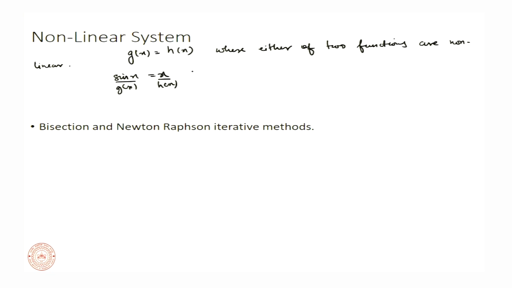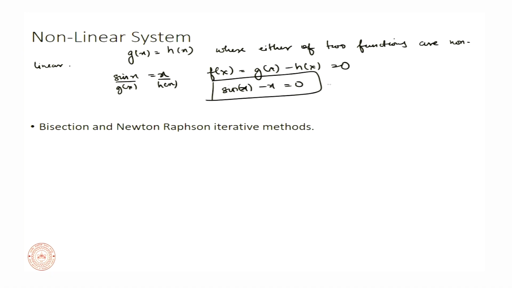So in this case, we can write an f(x) in such a way that g(x) minus h(x) is equal to 0. So sin x minus x is equal to 0. So this is our expression, and this is a nonlinear equation.